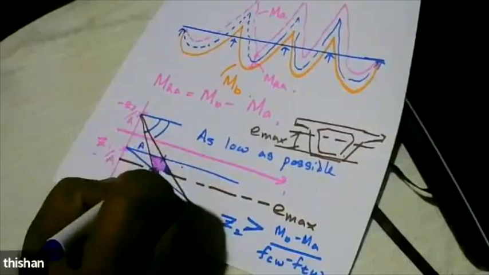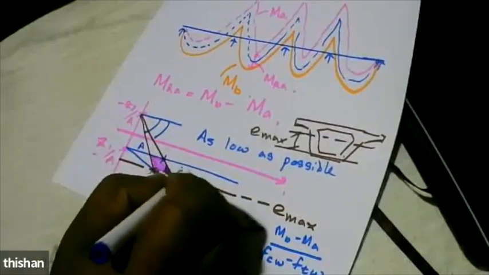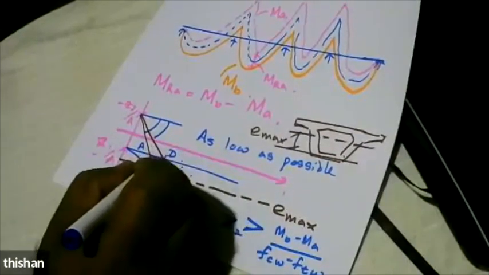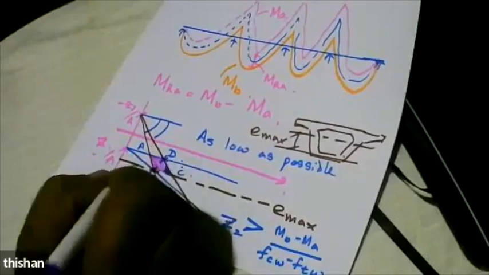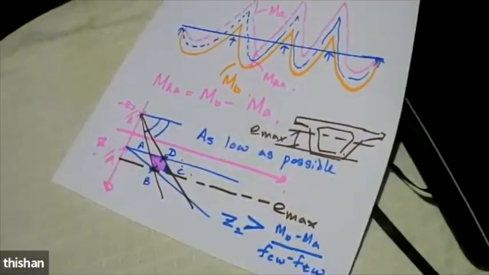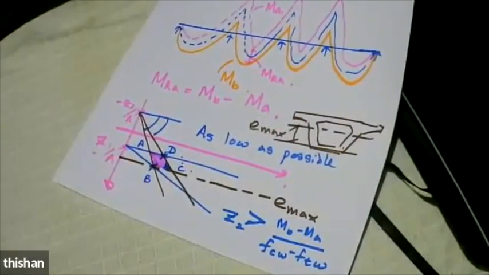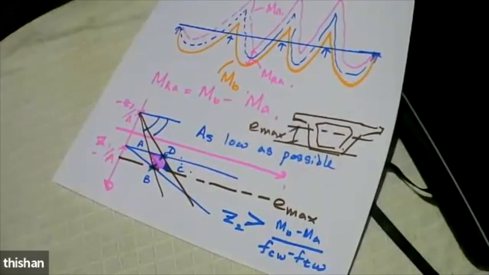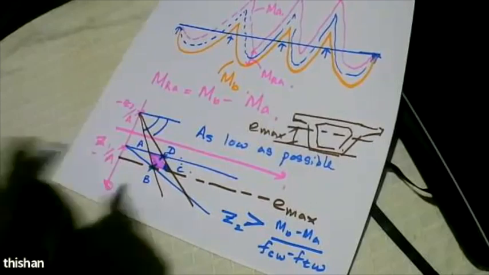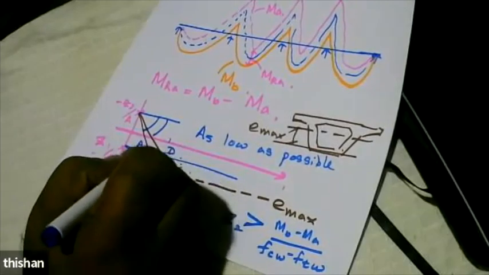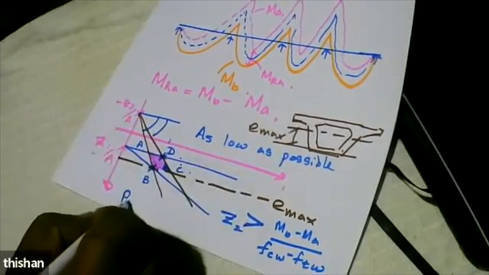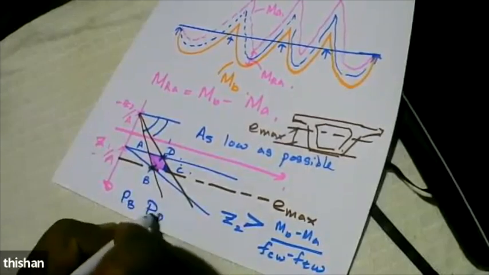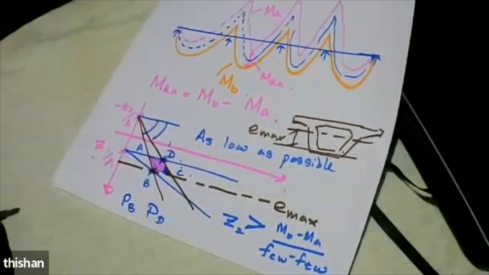We call it A, B, C, D. These points will be unique, B and D. And so if you select a particular section, the prestressing corresponding to this PB and PD will be unique values, because they are not going to depend on the moment.